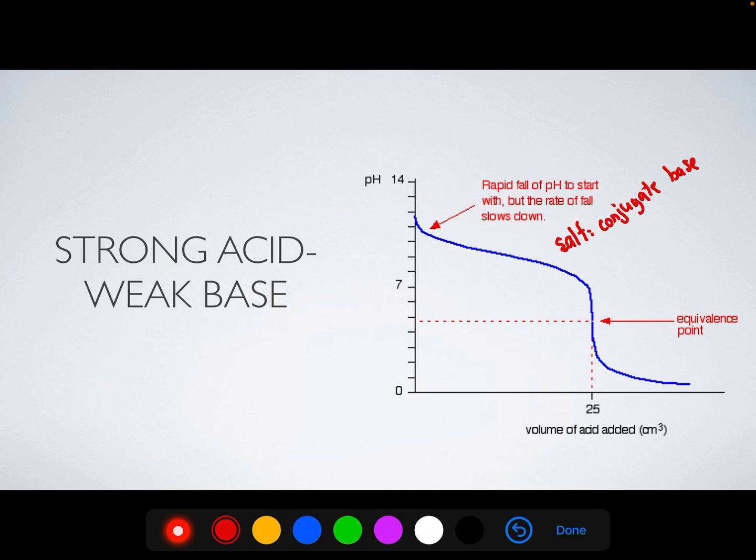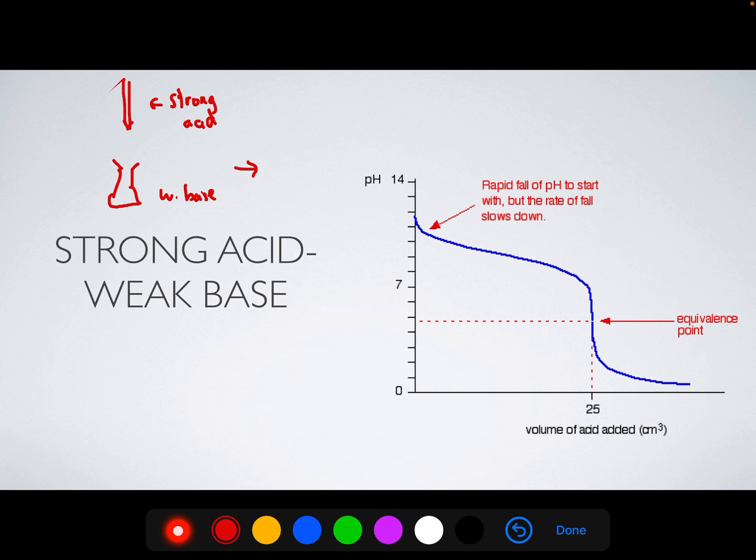Oleh kerana kita punya reaction tu is between strong acid and weak base, dia akan menghasilkan acidic salt.